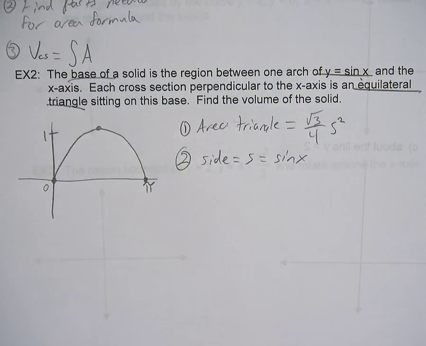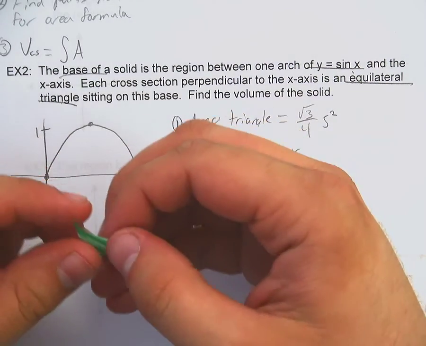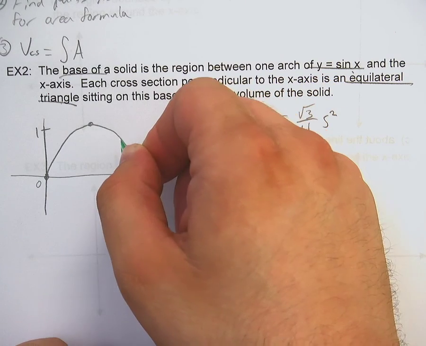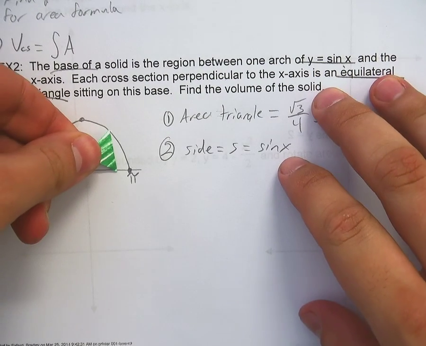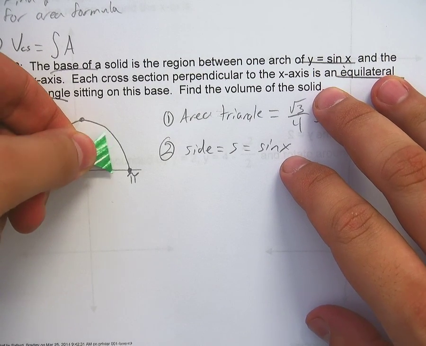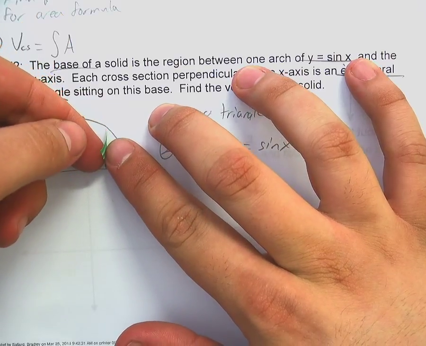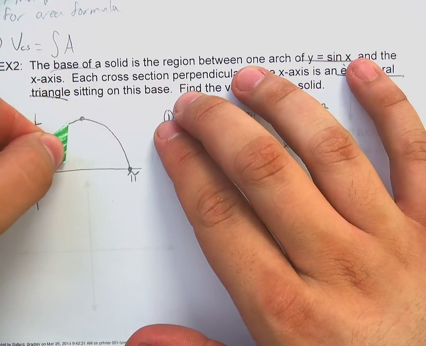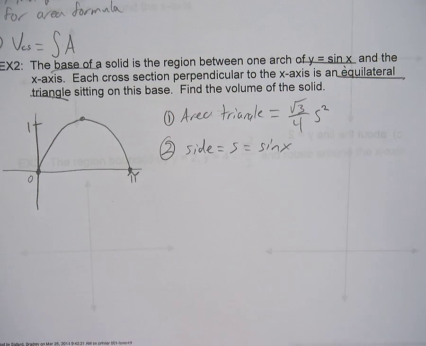If you can imagine it, here is my equilateral triangle, sitting right here, coming up straight out at a 90-degree angle, building up like this. And there's tons and tons of these things in here, infinite numbers.